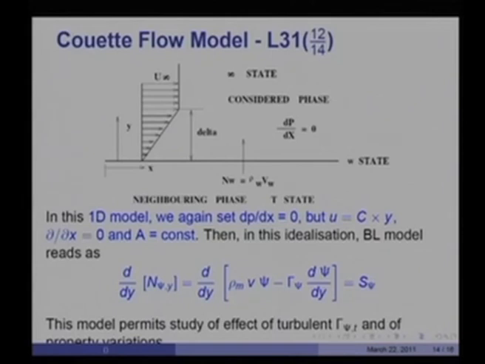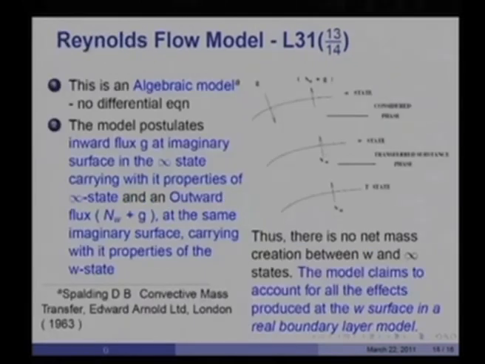It turns out that the nature of variations captured by this model are actually found even in the full boundary layer flow model or very close to it. With very simple algebra you can show what the likely effect of property variation shall be, and that is where the merit of the Couette flow model lies.